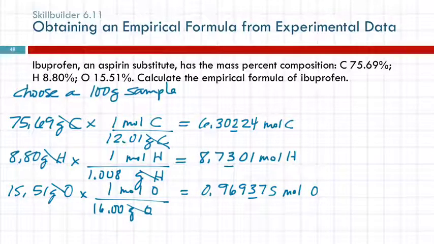Divide by the smallest. So here, this is the smallest one. So I divide that one by itself, and I'm going to get 1. You'll always end up with one of them that's exactly 1.